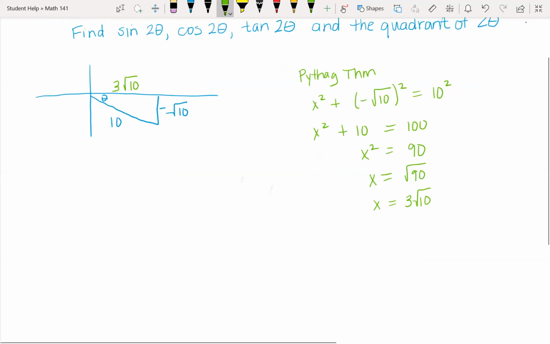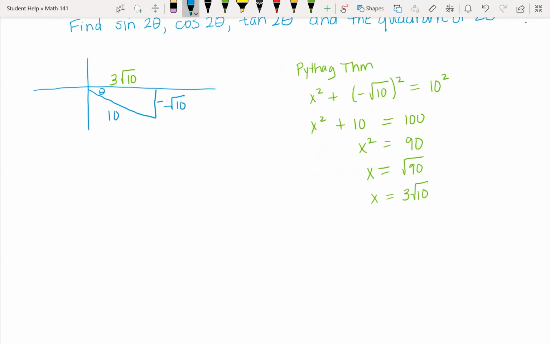Okay, then we'll go to our formulas. The sine of 2 times theta is 2 sine theta cosine theta. The sine was given to us, negative root 10 over 10, and the cosine is 3 root 10 over 10.